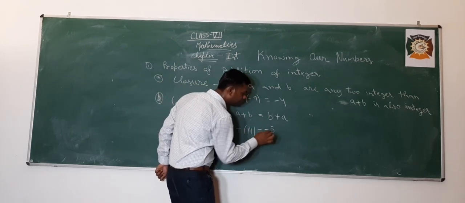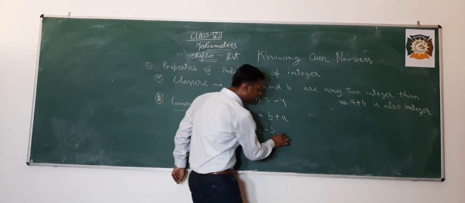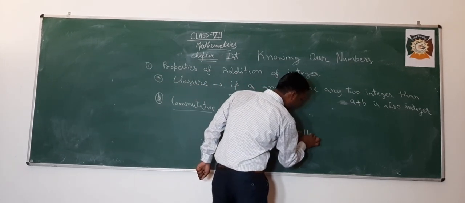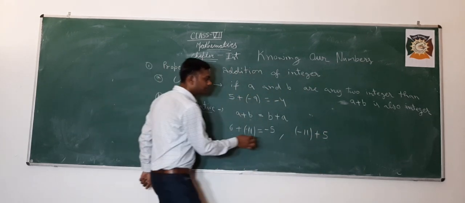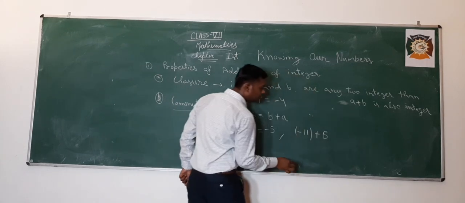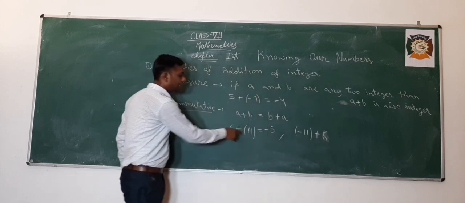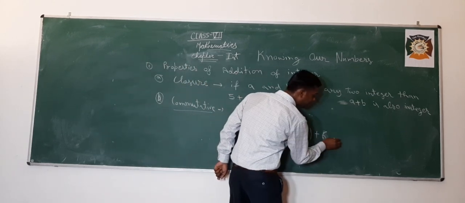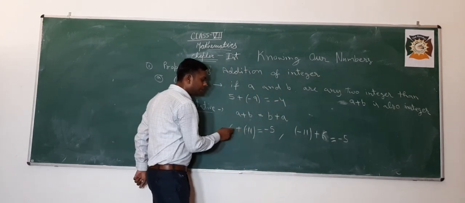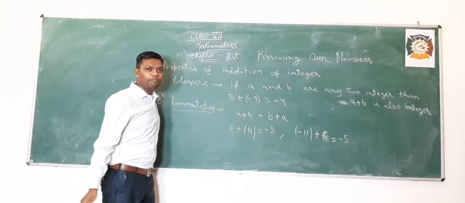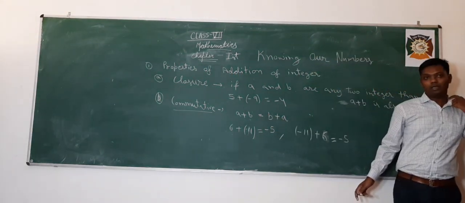Minus 5. But if we reverse the order, what we get? Minus 11 plus 6. What we get? Same, minus 5. If we change the order of the addition, then the result will be the same. This is called the commutative property of addition.